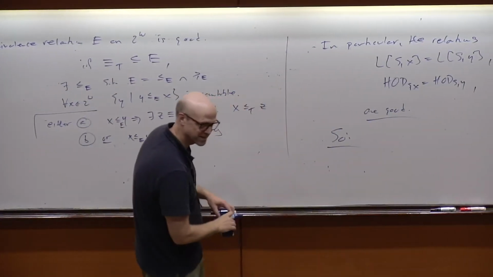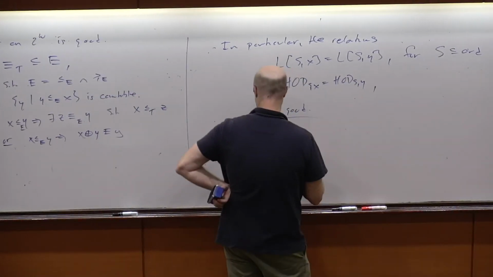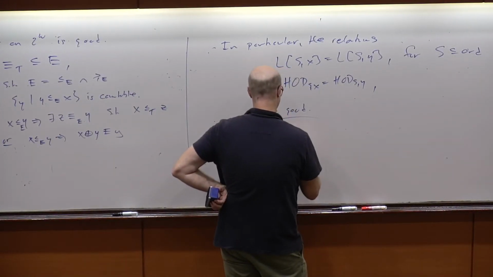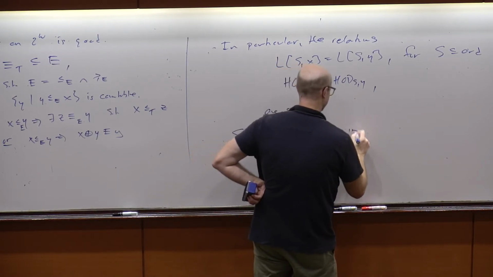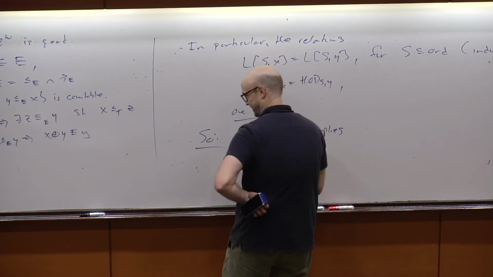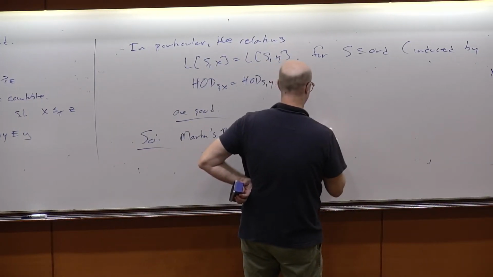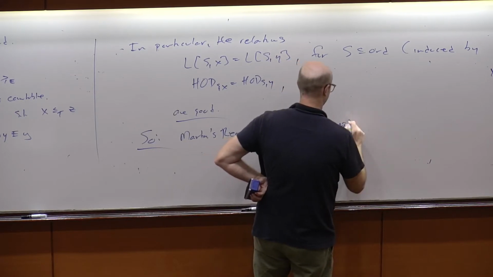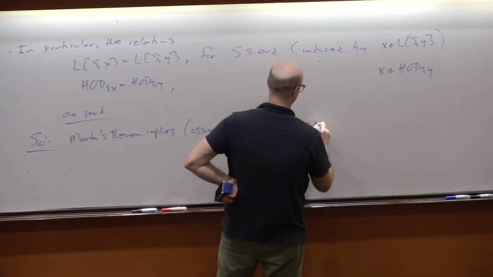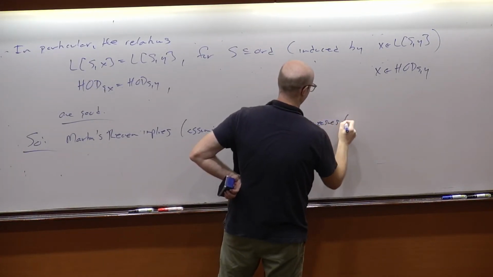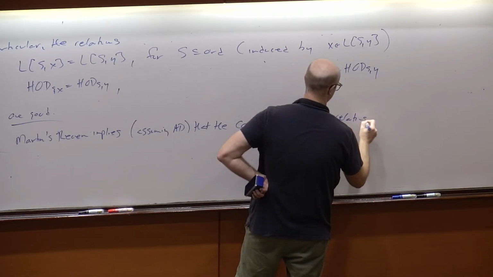I'm going to erase everything except for this one sentence, and the one sentence is that Martin's theorem implies, assuming AD, that the cone measures for these relations are ultrafilters.